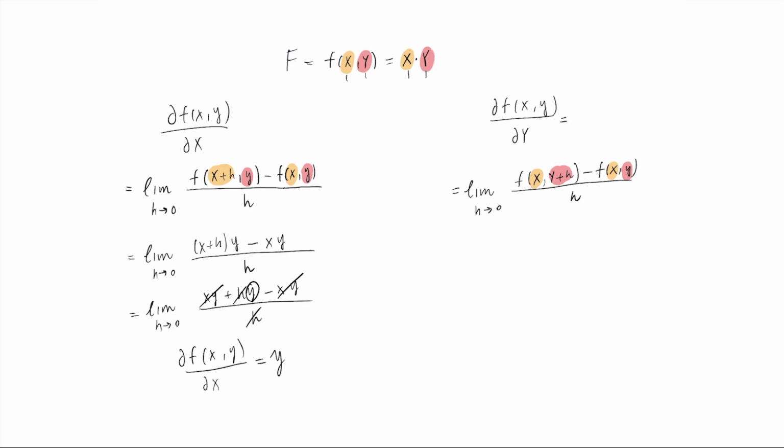Let's complete the calculation on the right side. This is equal to the limit when h approaches 0 of, what is f of x comma y plus h? Well, again, we need to simply multiply them. So x times y plus h, minus what is f of x comma y? It's just xy, over h.